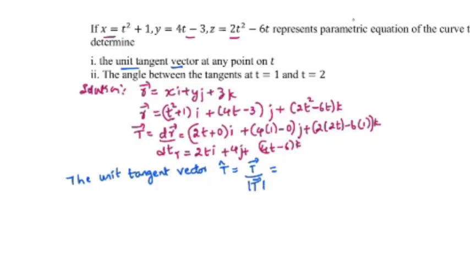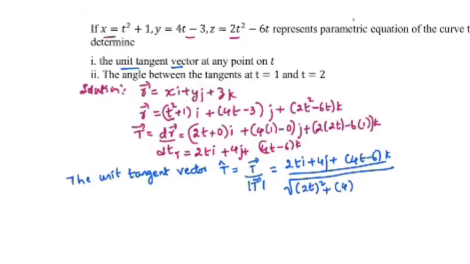That will be (2t i plus 4j plus (4t minus 6)k) divided by root of, you have to take the coefficients of i, j, k and square them and then find the root, that will be (2t) whole square plus 4 square plus (4t minus 6) square. So let me find the value of (4t minus 6) square.